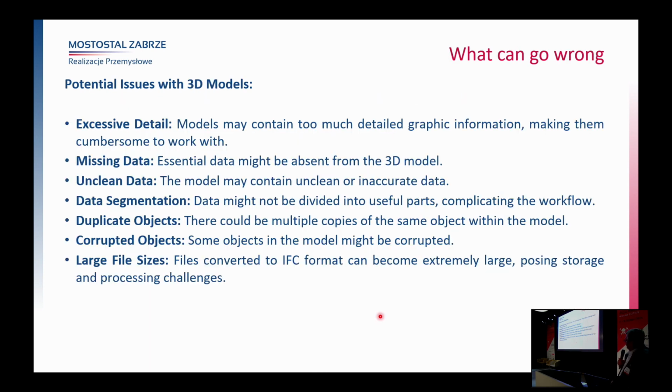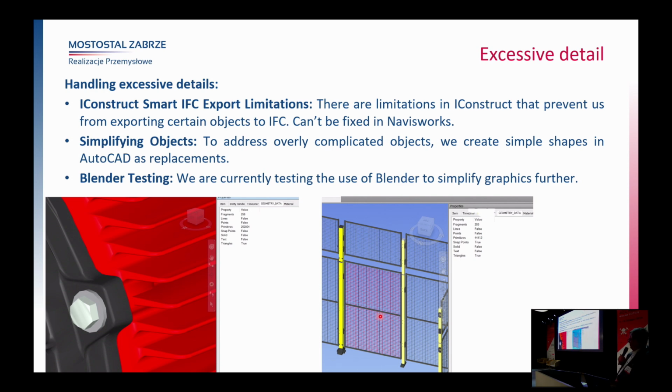So now quickly about the problems in the 3D model. First one is excessive graphical details. Here you can see some details from the 3D models we received. The first one is part of an electric motor, and it consists of 250,000 polygons.